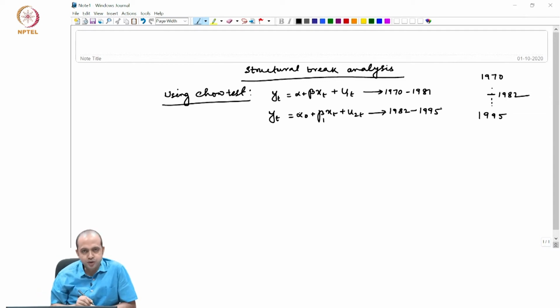Okay. So, these are the unrestricted models.